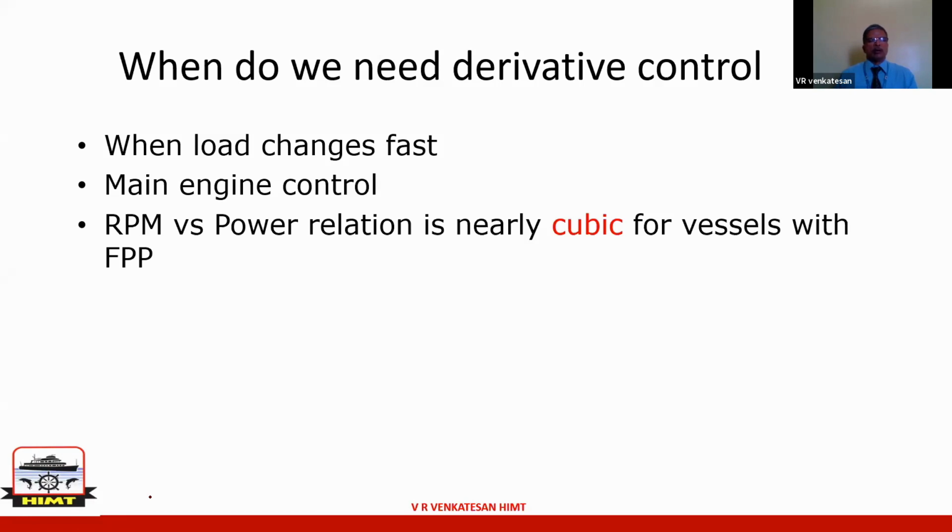Why do you spend power to propel the ship? When the vessel is traveling at steady speed, what is the reason the propeller generates thrust? Resistance. It is to overcome resistance. What is the relation between resistance and speed? Is it linearly related or is it more than linear? Exponential.